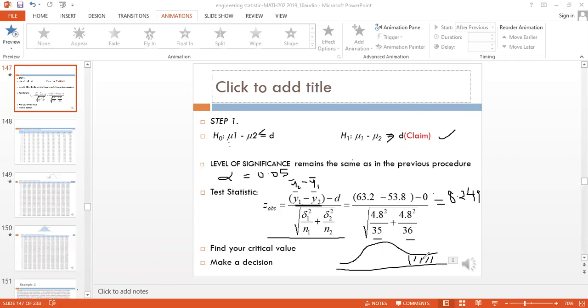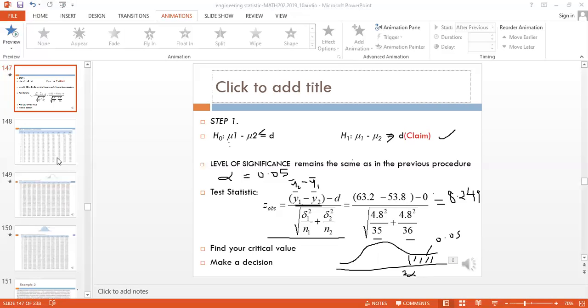And our alpha will be the full 0.05. So it means you are reading Z alpha from the table. So read Z alpha from your table for me. You find 0.05.